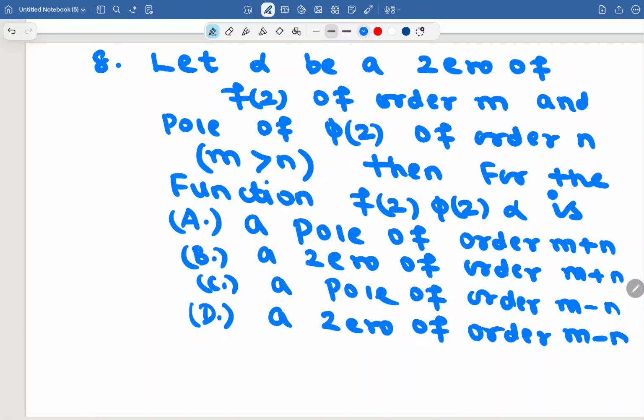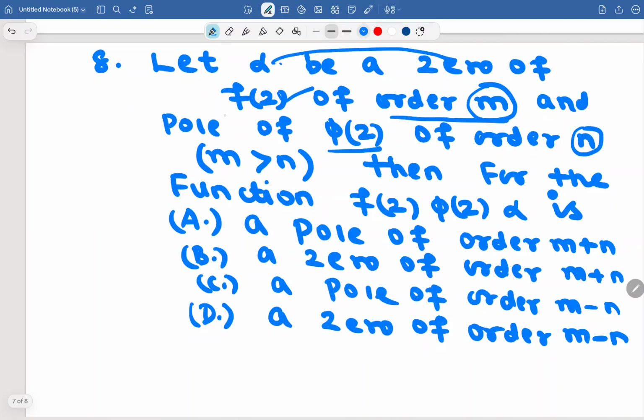Here f of z is given as a function with alpha be the 0 of order m, and another function pi of z which is a pole of order n with alpha be the pole. For f of z, alpha is 0 of order m.